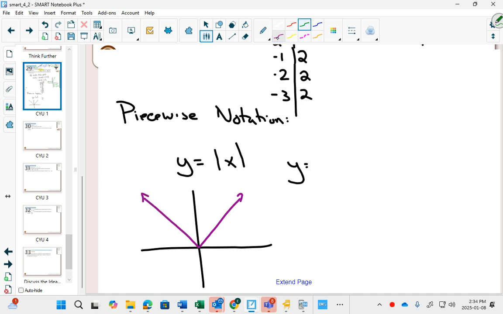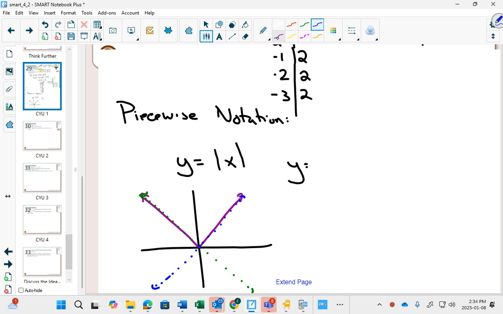It combines this line, but only a piece of it, and this line, but only a piece of it.